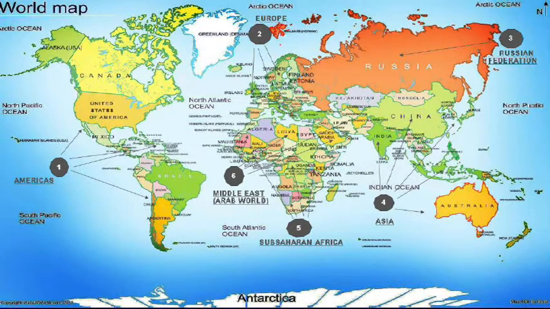And the last region is the Middle East, which is the northern part of Africa and also Southwest Asia. Sometimes this is referred to as the Arab world. So now let's go into the questions and answers for Geography Test 15.